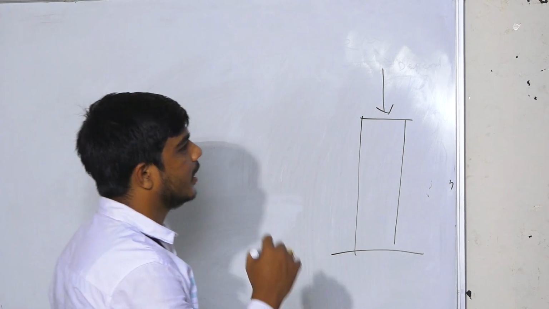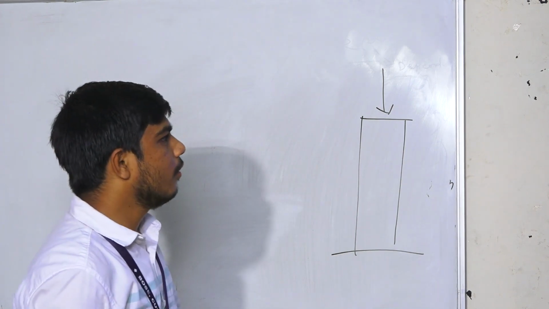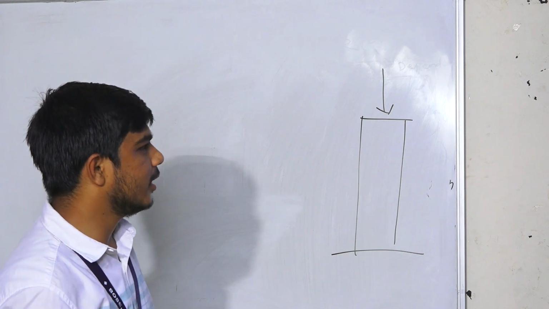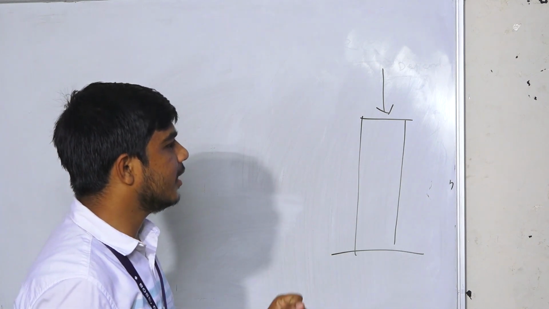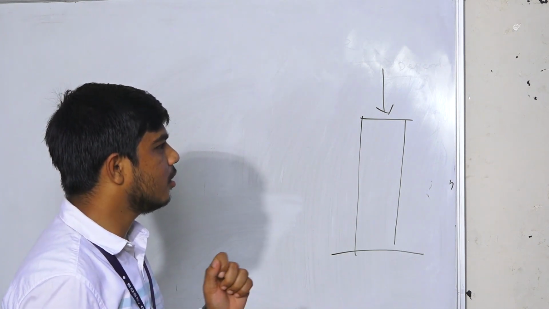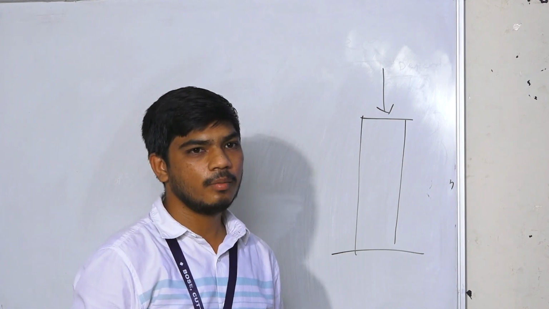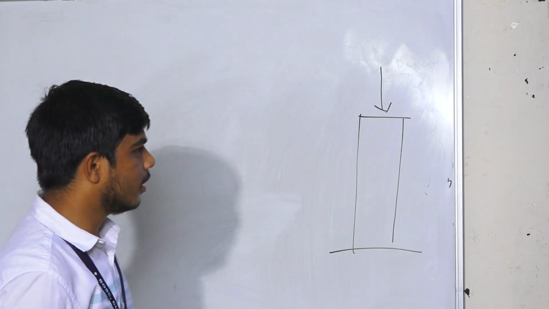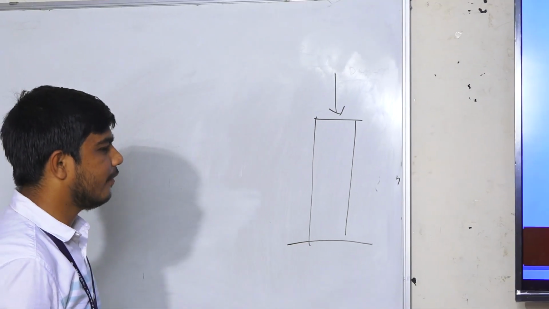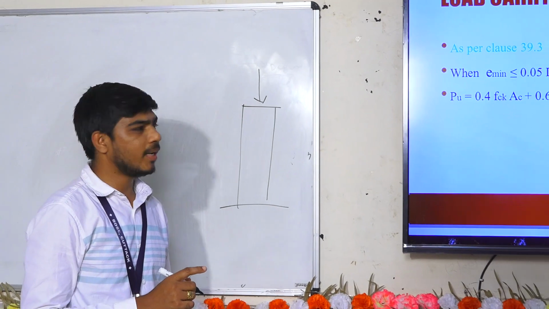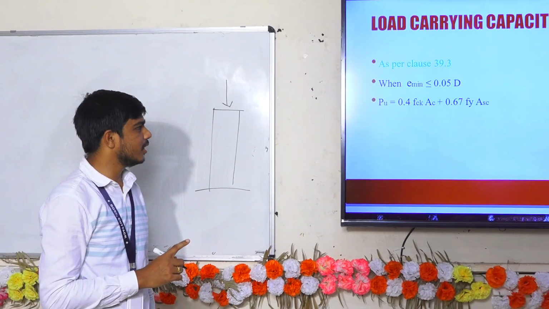So this is based on the clause. As per clause 39.3, when minimum eccentricity is less than 0.05 D. I already told you every column should be designed for minimum eccentricity, which is L by 500 plus D by 30 or 20, whichever is more.